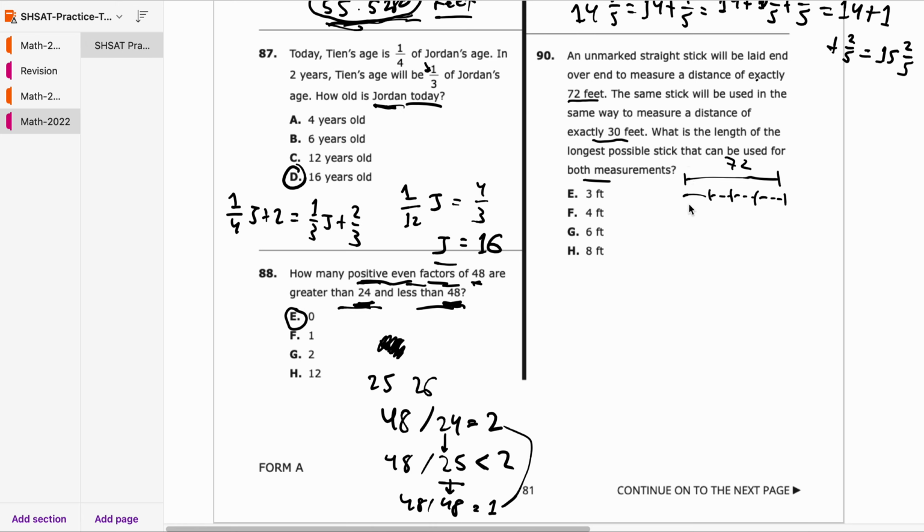So basically the length of this stick, if it's x, 72 divided by x needs to be a whole number, an integer, because if x is not a factor of 72, then this stick cannot measure exactly 72 feet, right?